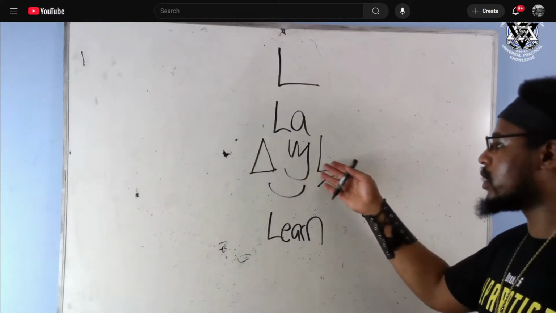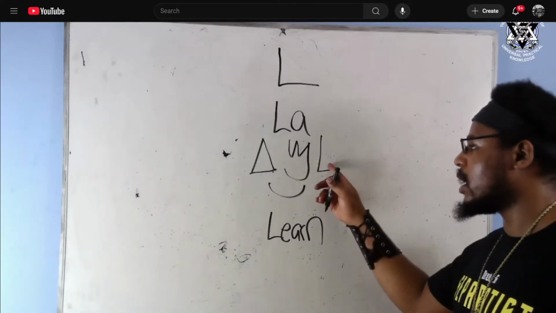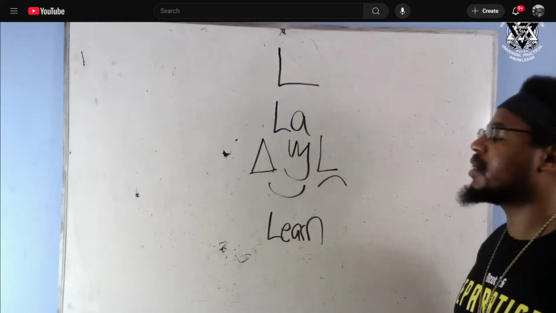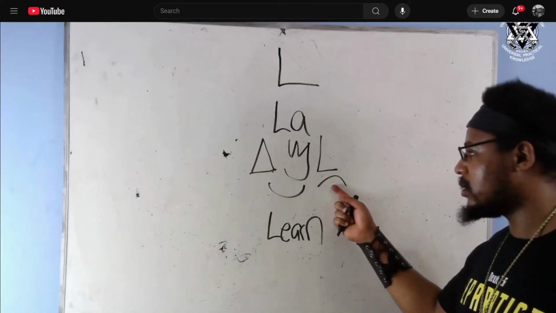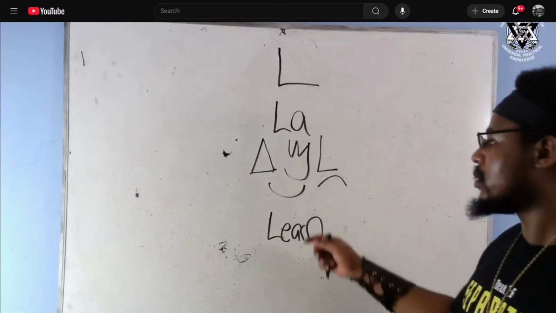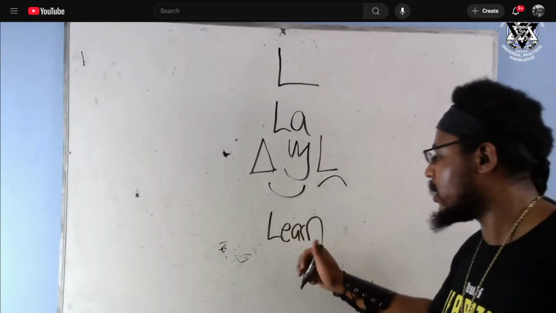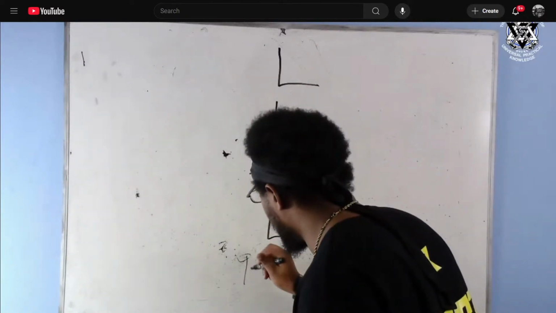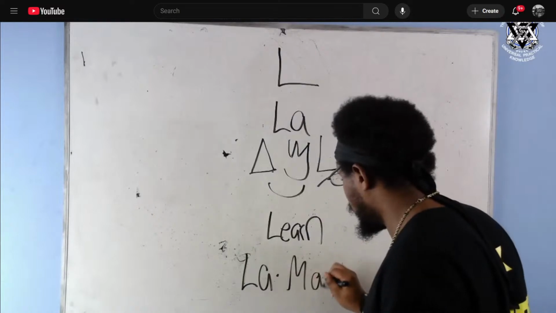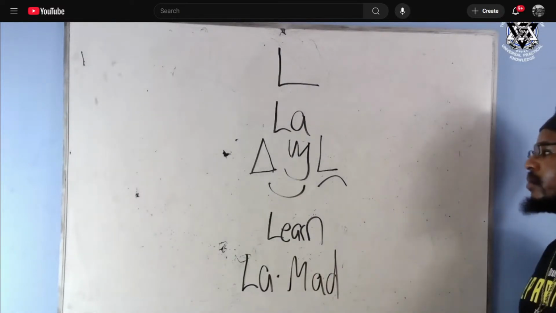You wouldn't say Lum in this case, because the La and the Ma is not connected, but the Ma and the Da is connected. So we say La, then we say Ma, because we drop off the A on the Da. La, Ma. It means to learn.